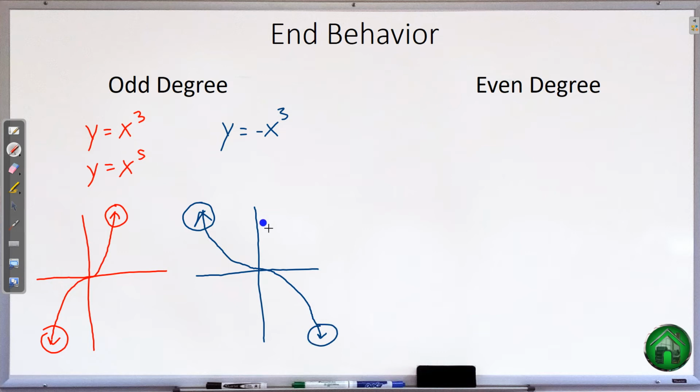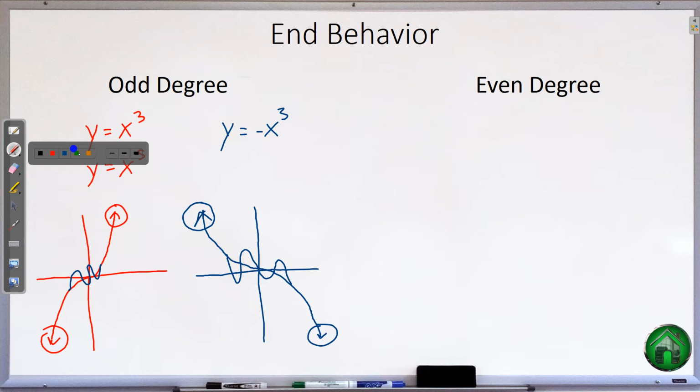When we do more and more complicated polynomials, yes, in the middle there will be some waves, and the same thing over here, but the end behavior, the arrows on the ends, is the same. They go diagonally. You just have to remember which one is positive and which one is negative.